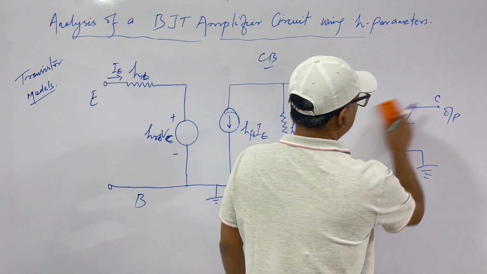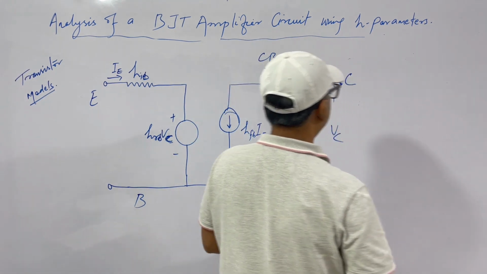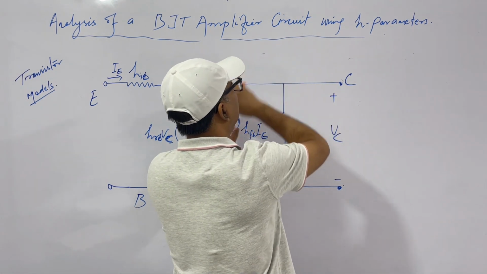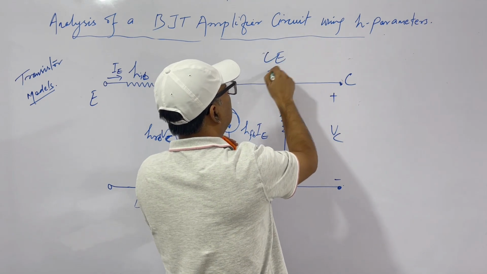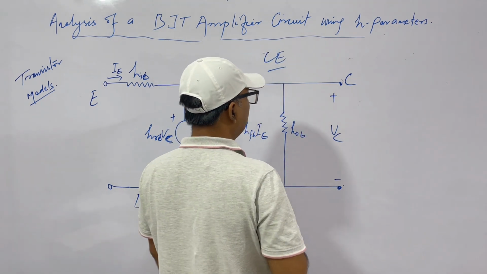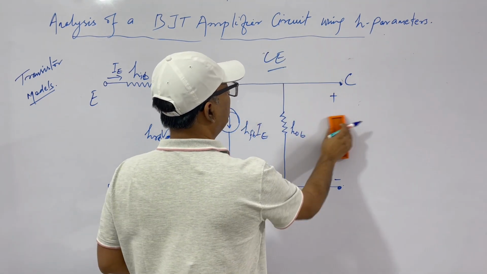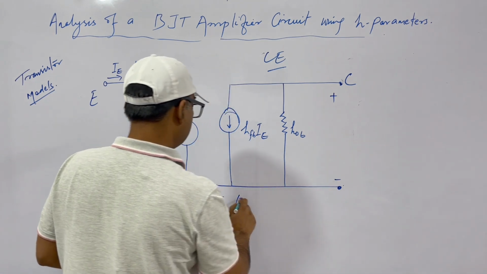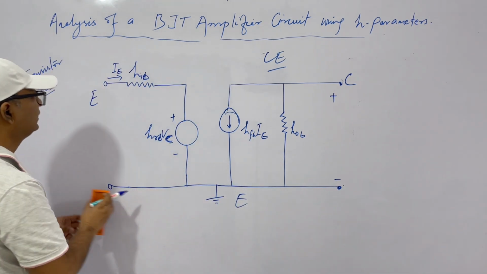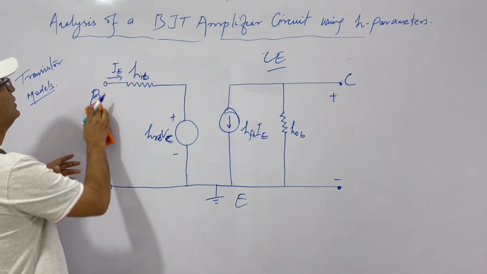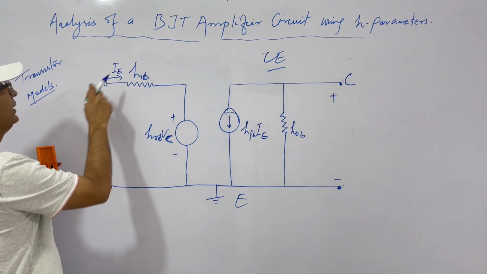So now what we'll do? We'll take our common emitter model and analyze different parameters. In case of common emitter, this is E and this is B. This is base, input is at base.